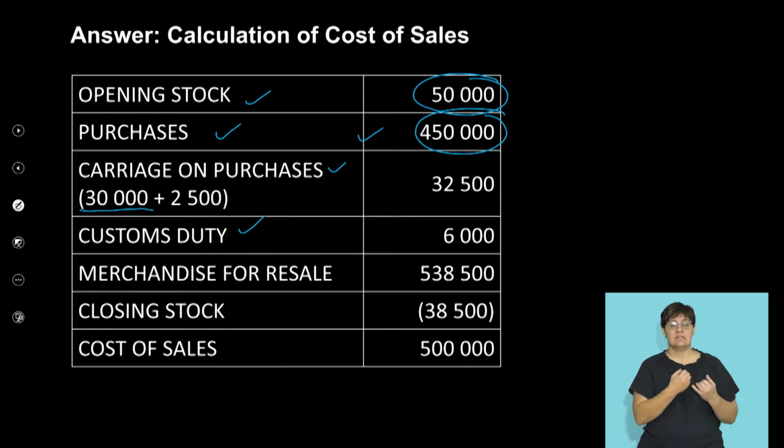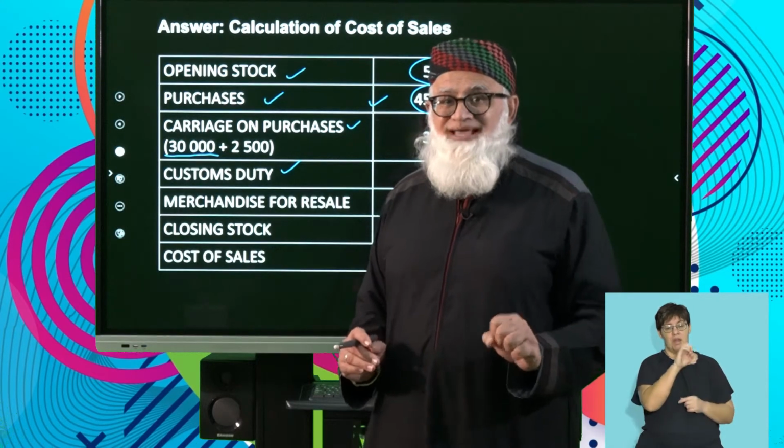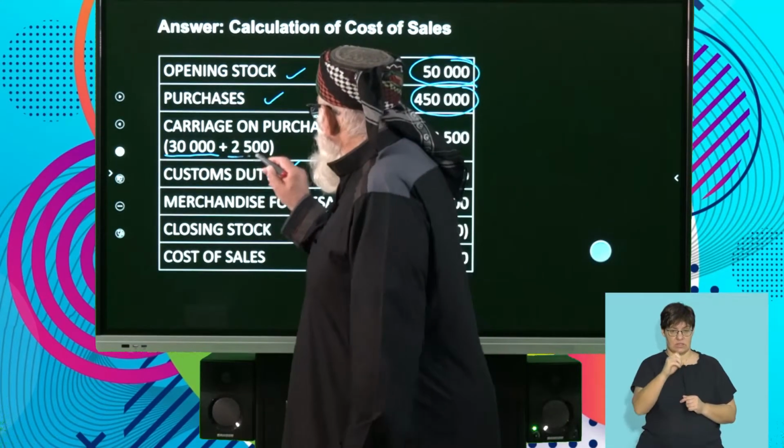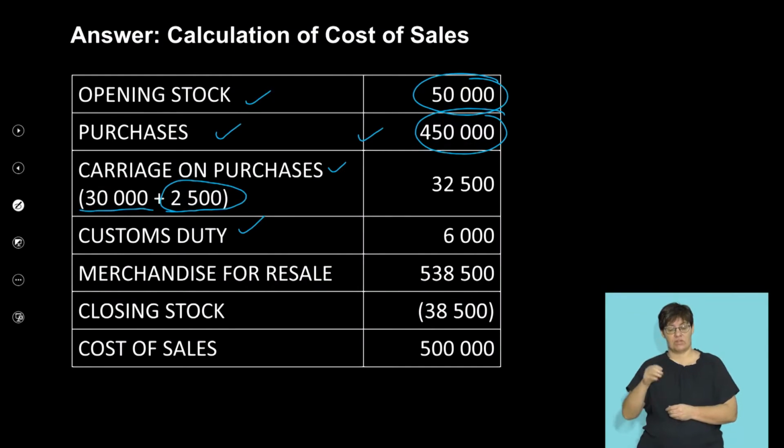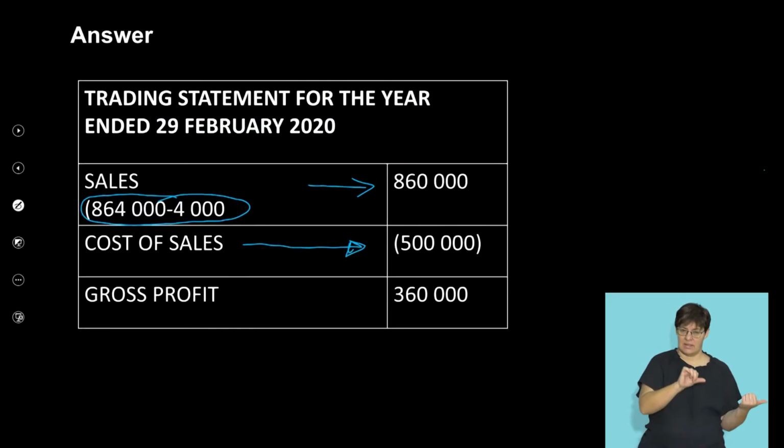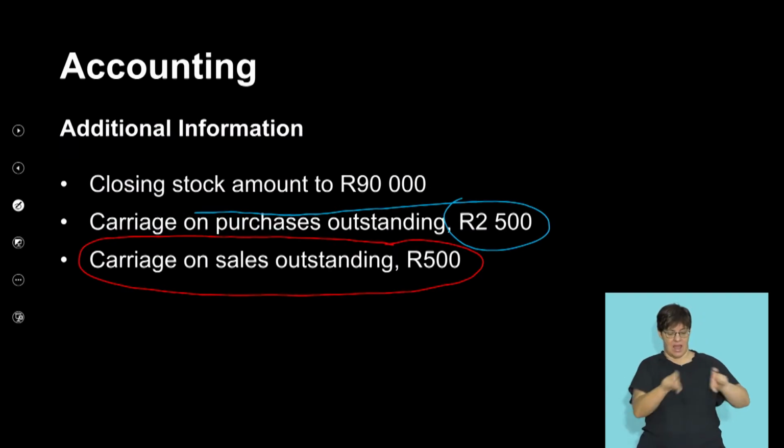Start off with the trial balance figure, which is my 30,000, and add the amount that is still outstanding that I haven't accounted for, 2,500. Therefore, this will give me the figure that I need, 32,500.